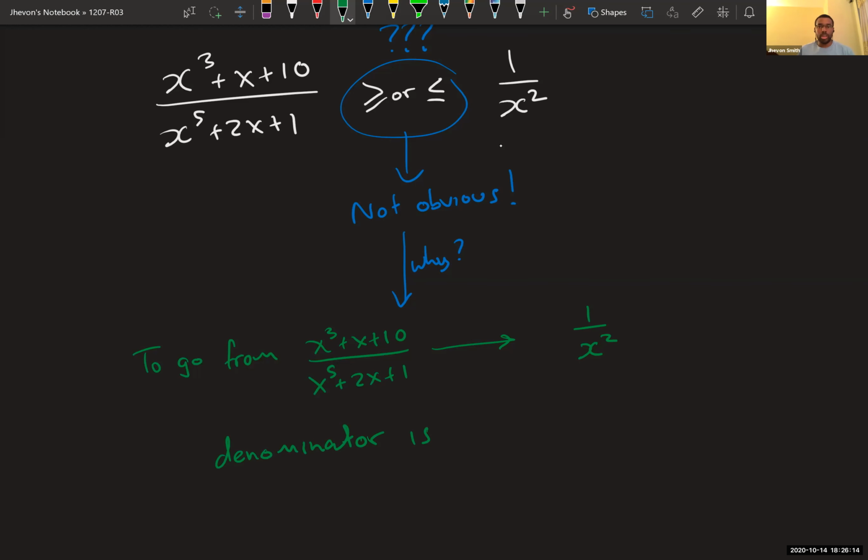So tell me about the denominator, smaller or bigger? If I had the original and wanted to go to the one on the right, did I have to make the denominator smaller or bigger?